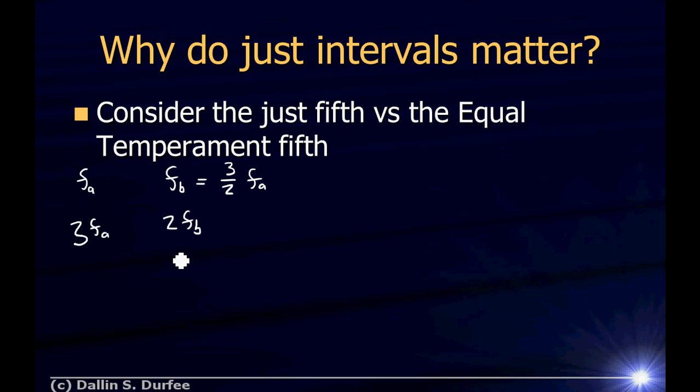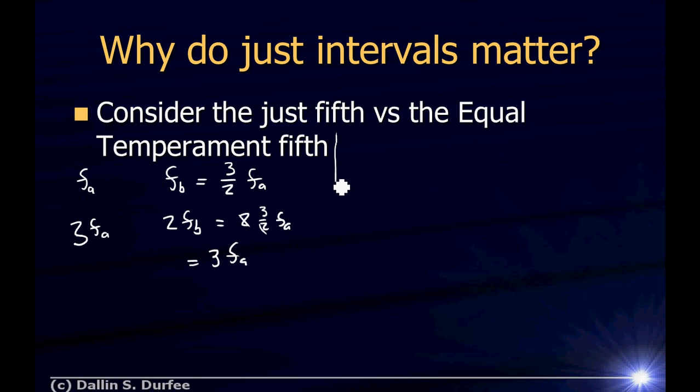Well, your upper note is 3/2 the lower note, and so the second harmonic of the upper note turns out to be just 3 times the frequency of the lower note. So the third harmonic of the lower note is exactly the same frequency as the second harmonic of the upper note. So the beat frequency is 0. You don't hear beating between those two harmonics.